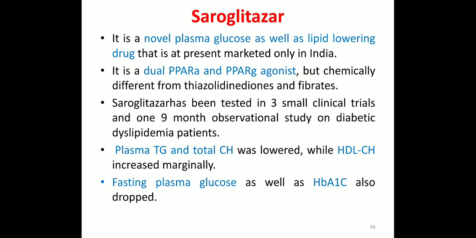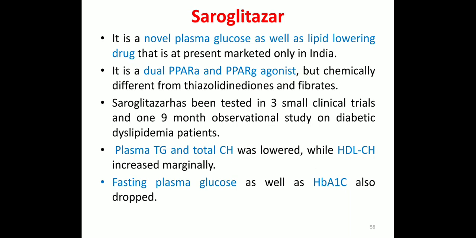Saroglitazar has been tested in 3 small clinical trials. So there is not that much data to prove its efficacy and safety, but as per this we can prescribe it with caution.